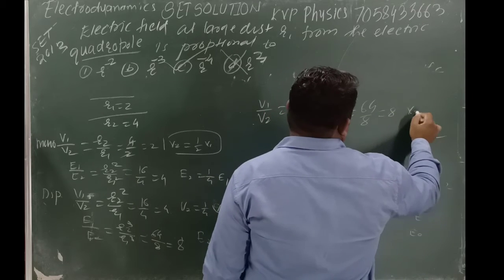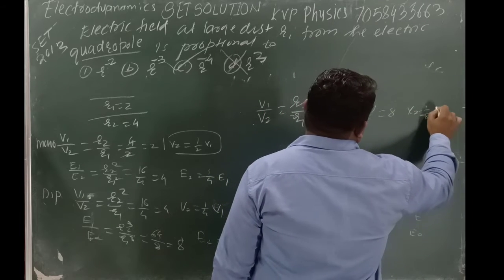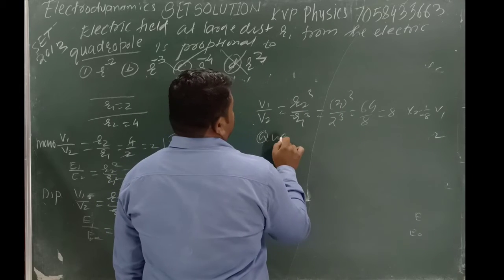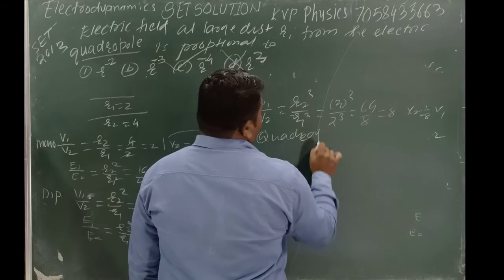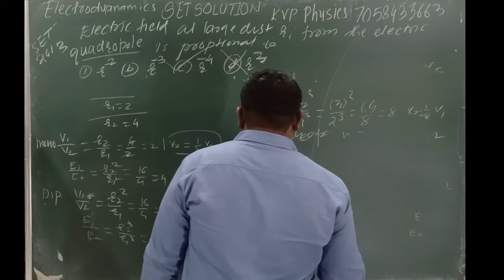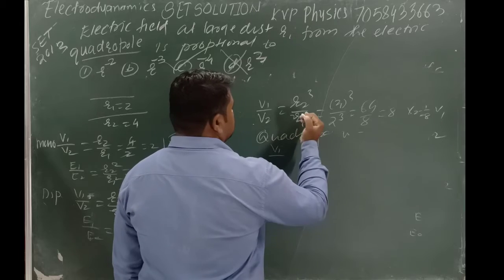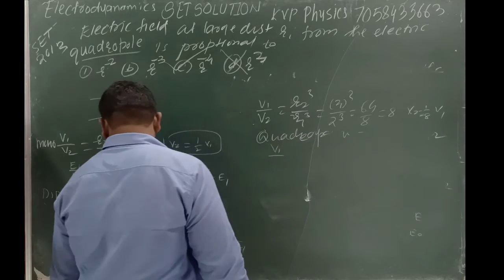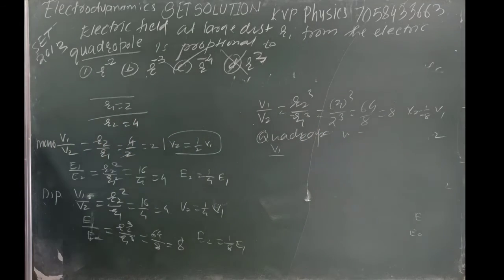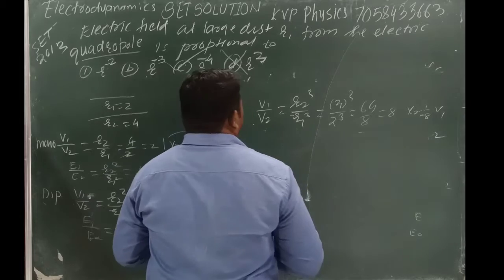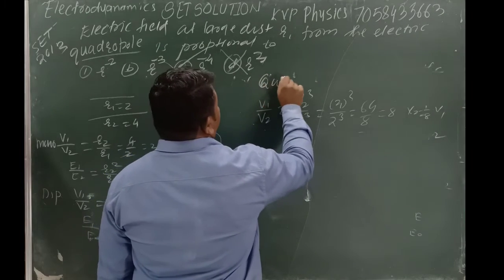Means V2 is equal to 1/8 times of V1. This is for quadrupole.